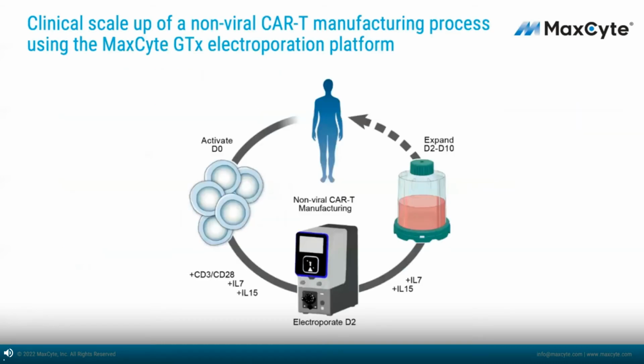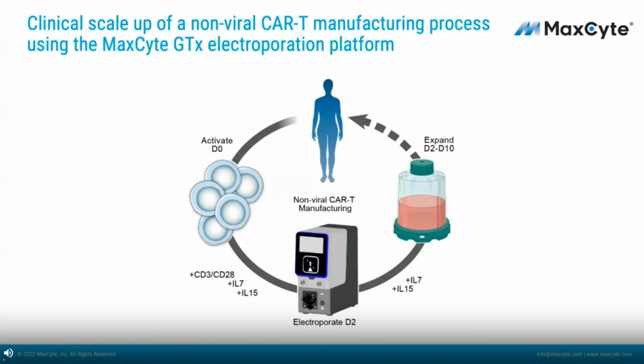Because when you need to scale up to transfect hundreds of millions or billions of cells, and you need to do it in a way which is gentle and also with an instrument which is cGMP compatible and has the backing of an FDA master file and is clinically validated, what many groups do is use our MaxCyte GTX electroporation platform for their non-viral engineering.